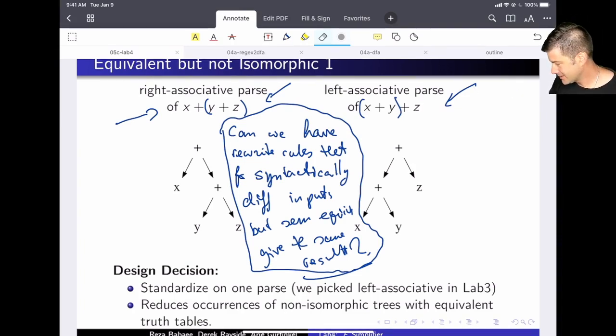The thing that I have now on the slide is really hard because if we can have such a thing, then if I have any expression that is always true, whose truth table is always 1, then I have to simplify it to 1. And if I have any two expressions which are syntactically different, but represent exactly the same truth table, then my rewrite system will have to rewrite them to a unique representation of that truth table.